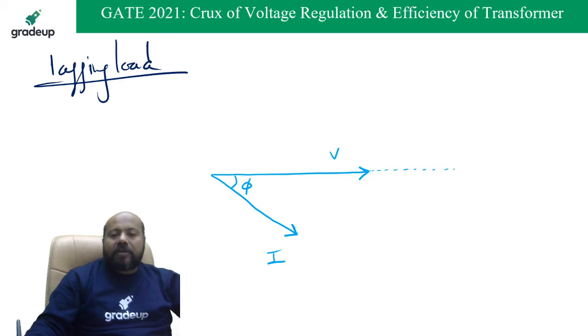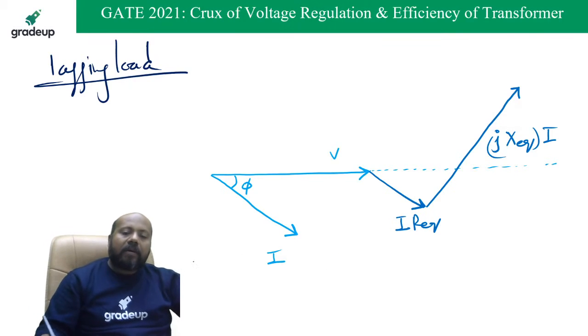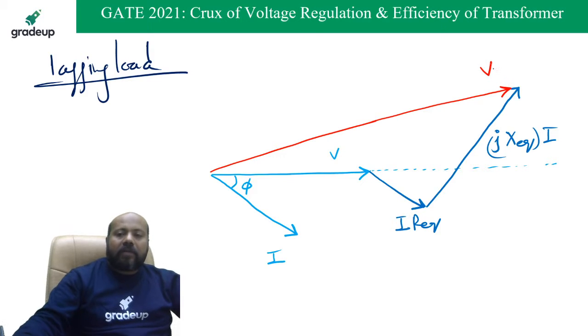Now to this secondary terminal voltage, I am going to add the resistive and reactive drops so that you can get V in. This is going to be I R equivalent, and this is going to be j X equivalent I. And V in is going to be the summation of this, and you will get V in.